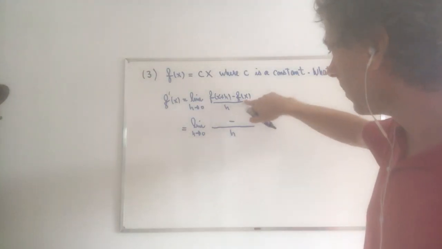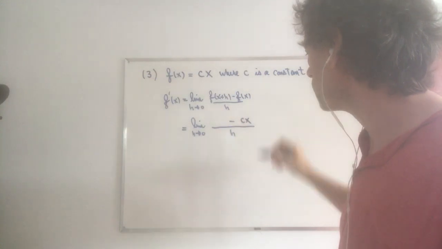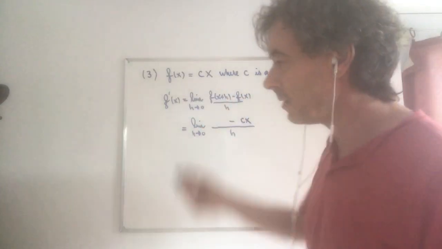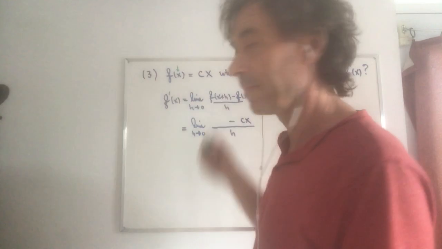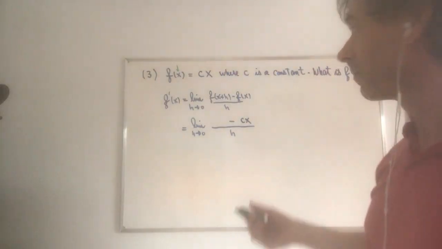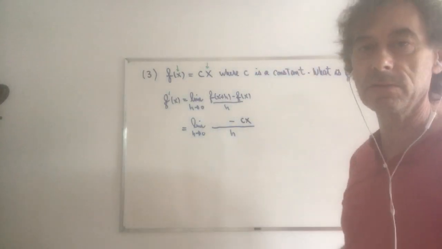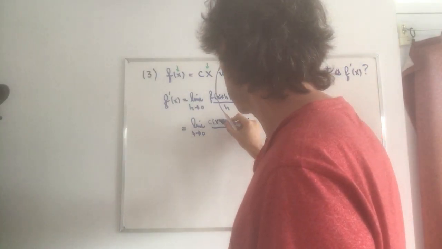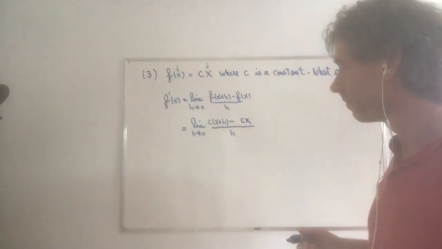I need to replace f of x here. What is f of x? It is given as cx. Now I need to replace f of x plus h. That means that I need to replace this x with what? x plus h. And if I do that, I'm going to have to replace this x also with x plus h. So this is c times (x plus h), close the bracket.